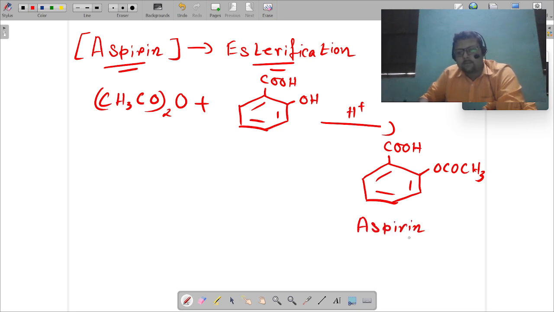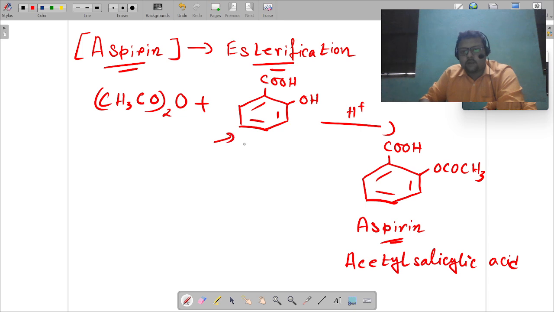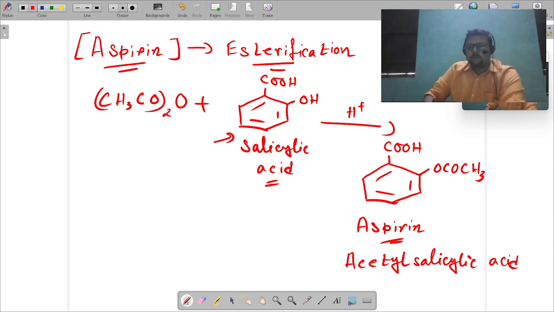The chemical name of aspirin is acetyl salicylic acid. And this molecule here is known as salicylic acid. So this is one of the practical applications of the esterification reaction.